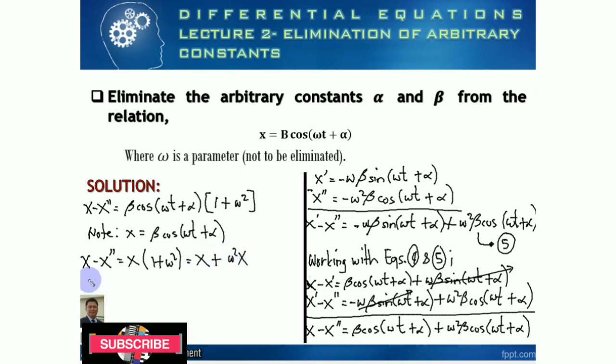So we have x minus x double prime is equal to x plus omega squared x.